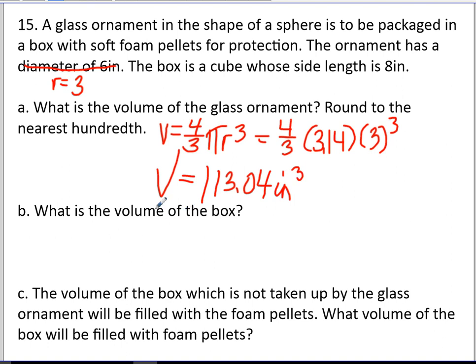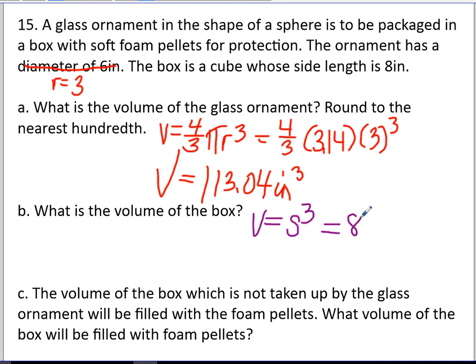The volume of a box, they didn't give us a formula on that, but we know that the area of the base times the height will give us the volume. The area of the base is a square, so it's side times side. The height is also that same length, so we can write the formula for the cube as side to the third power, or side cubed, because length, width, and the height are all the same measurement.